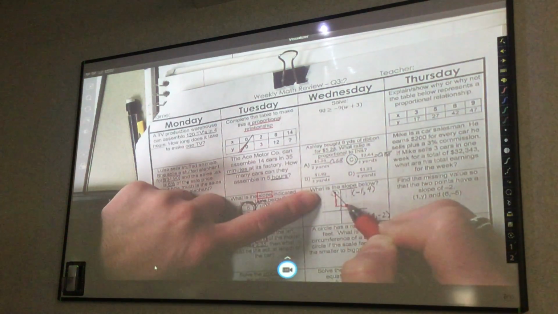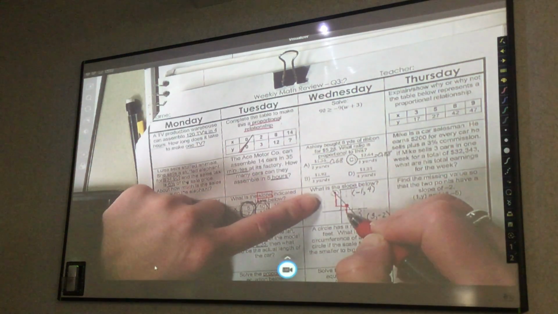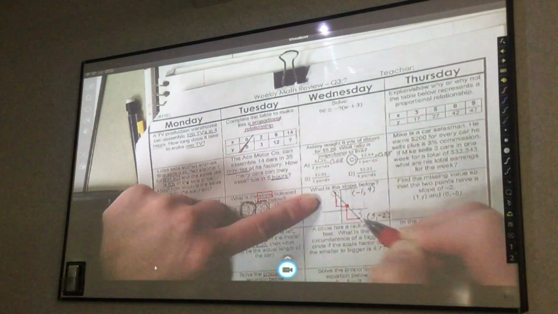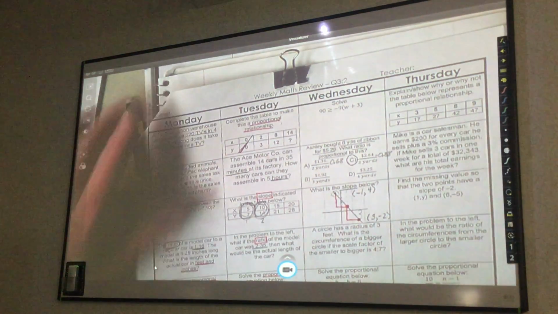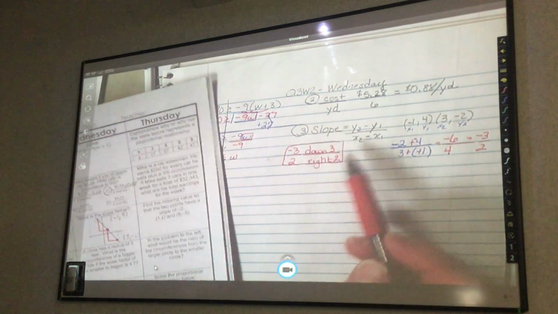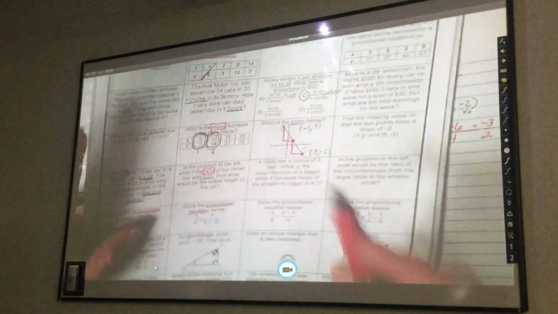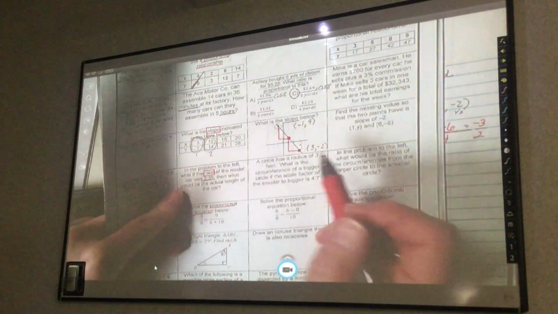Doesn't that give me another point on the line? Do you see how you need to know the direction that slope means? Okay. And knowing that my line is going down, we should know that it is a negative slope.